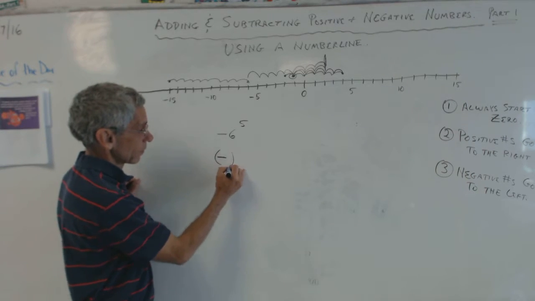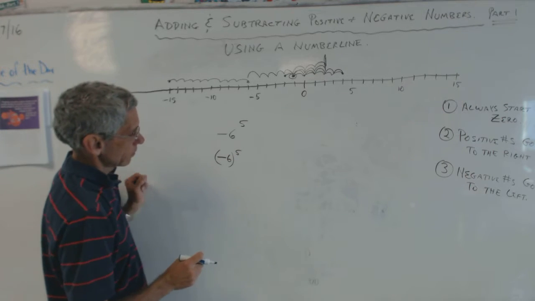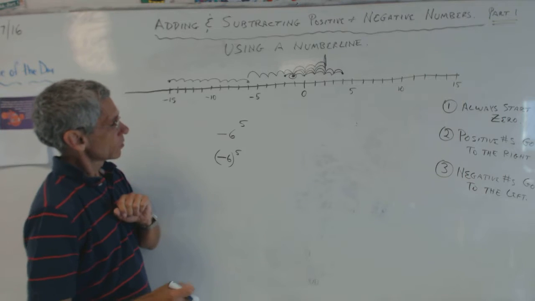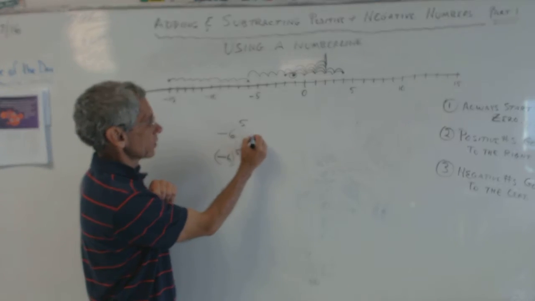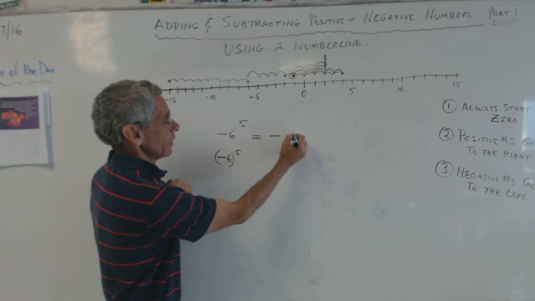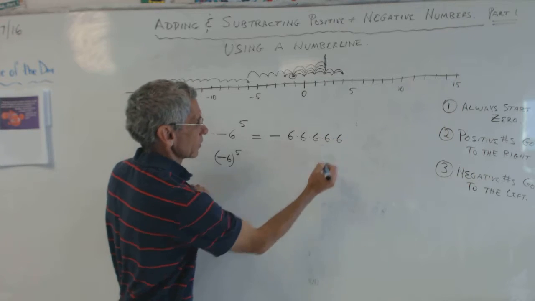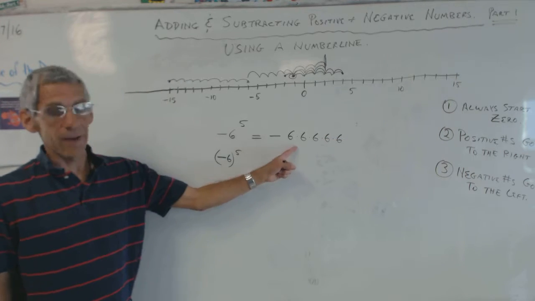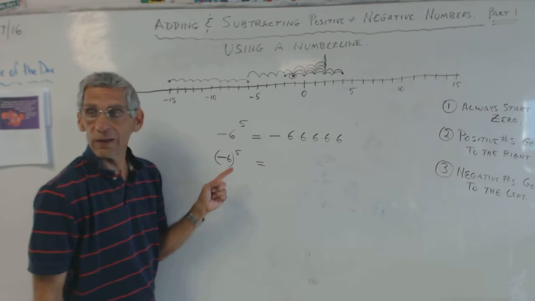What if you had a positive 5 to the negative 2nd? Well, Harrison, you're confusing me. So just remember, this one means a negative, and then 6 times 6 times 6 times 6 times 6.